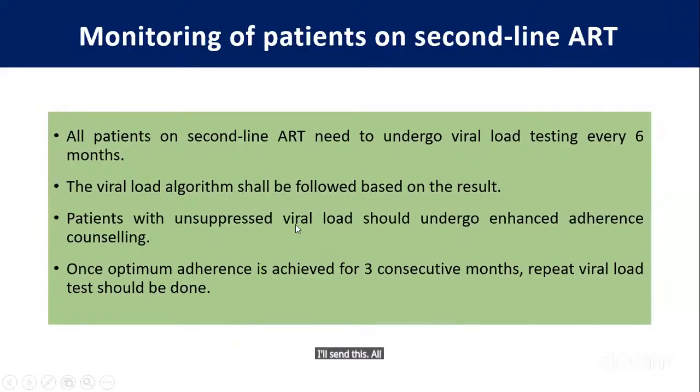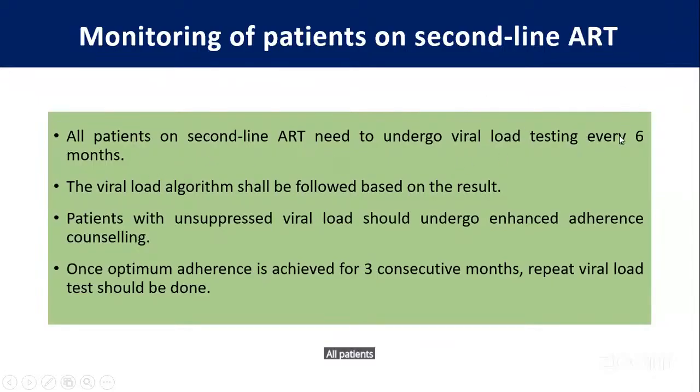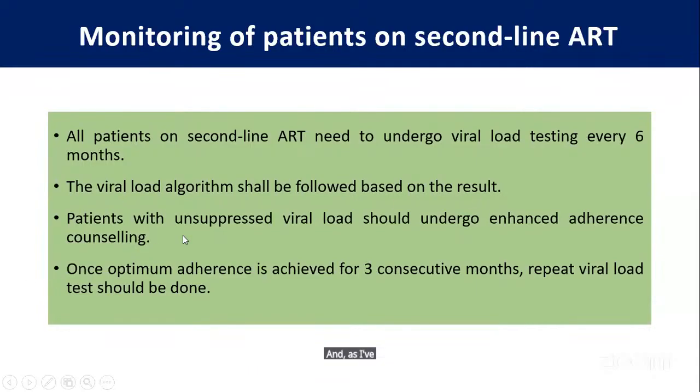Monitoring of patients on second line, these are all known to you. All patients on second line need to undergo viral load testing every 6 months. The viral load algorithm shall be followed based on the result that we have discussed. And as I said earlier, all second and third line every 6 months; first line at 6 months, 12 months, and thereafter annually.